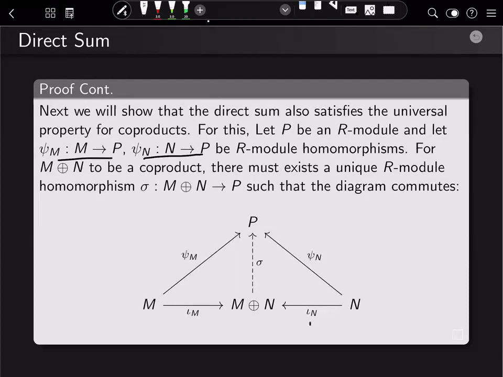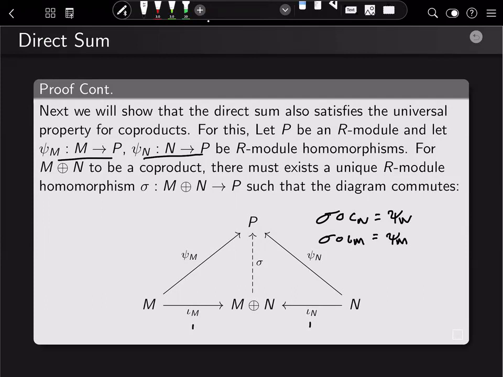We're given these canonical injections that we were defining before. We need sigma composed with iota sub n to be equal to psi sub n, and sigma composed with iota sub m to be equal to psi sub m, both at the same time.